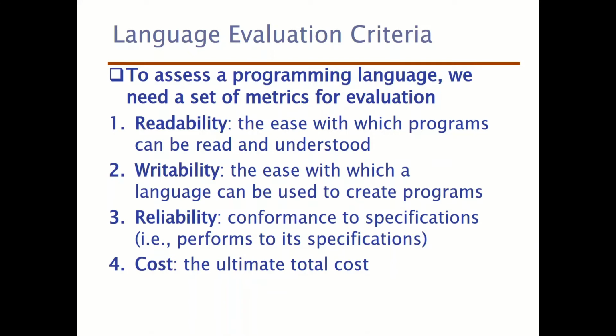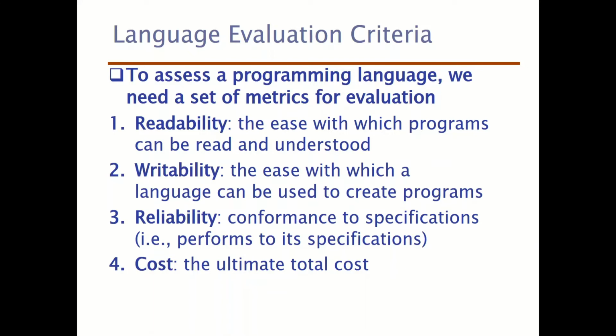Reliability now. Every programming language has its own specifications, or maybe we can say the data sheet, or the instructions with which it comes. If the programming language conforms to its specifications and performs to its specifications, in that case we can refer to it as reliable.